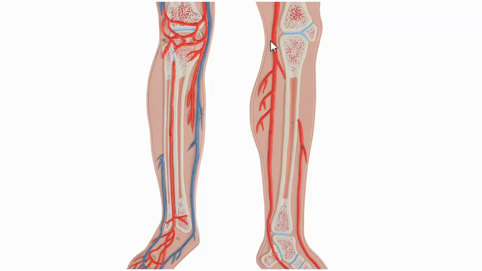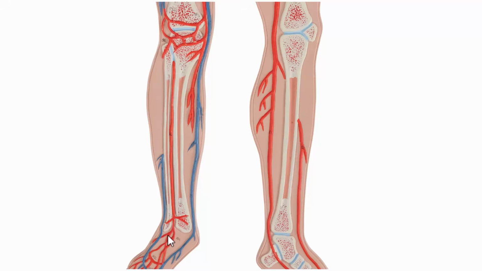And right here, going behind the leg, is going to be the posterior tibial artery. Okay, posterior tibial artery. And this is your tibia. And this coming anteriorly, of course, is going to be the anterior tibial artery.